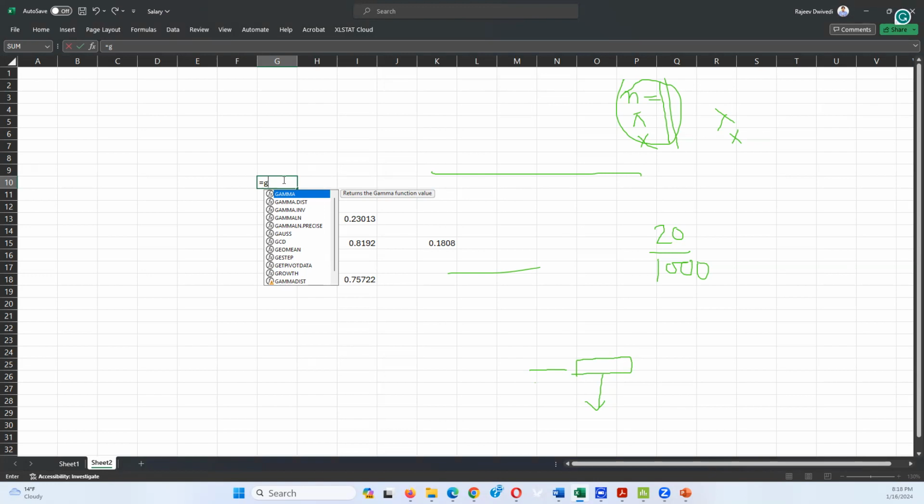Gamma distribution, gamma is there, geometric, I can't see. Just send me an email, I will look, because I don't see it here. No, I don't see it coming here. So I will research it and let you know. Okay, thank you. Just send me an email so I will remember that.